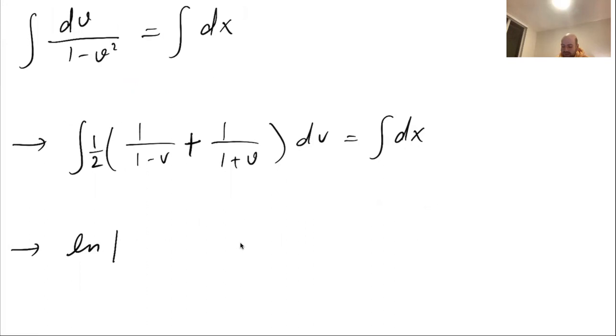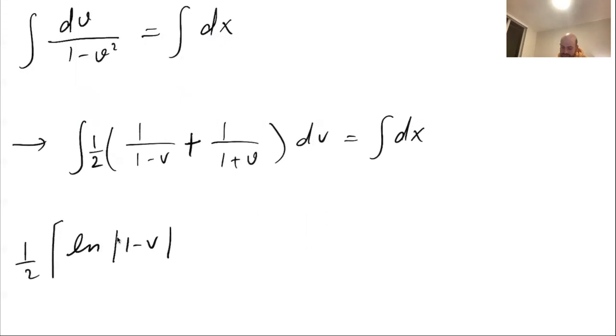Now, what is the integral 1 over 1 minus v? It's going to be ln, absolute value 1 minus v. Do we need an extra minus sign in front? Because when I differentiate this, it's going to be minus 1 over 1 minus v, but this is 1, so I need the extra minus in front.